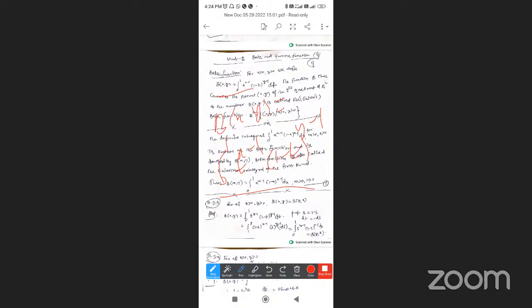Sometimes it is written as beta of m comma n, with m comma n compulsory, 0 to 1 x to the power of m minus 1 into 1 minus x to the power of n minus 1 dx. Look here, 1 minus x to the power of n minus 1. So this is the beta function always.